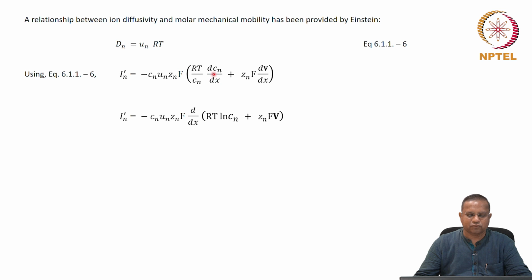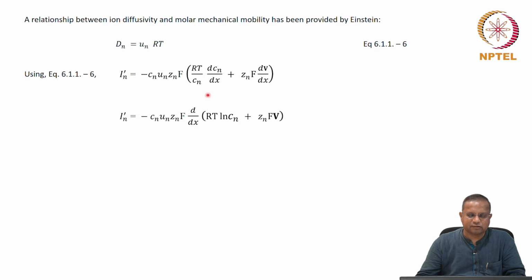Now, if you look at this, this is dCn by Cn. That is nothing but d ln Cn. And therefore you could write this as RT d ln Cn/dx plus Zn f dV/dx. And therefore, if I take the derivative over a combined term, a sum of terms, I can do that.